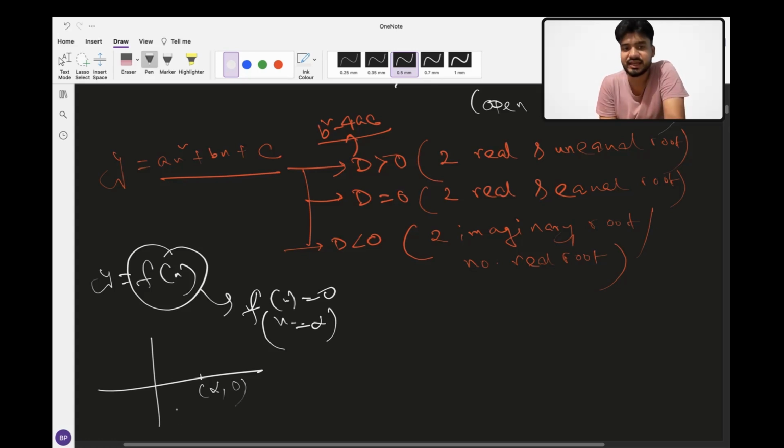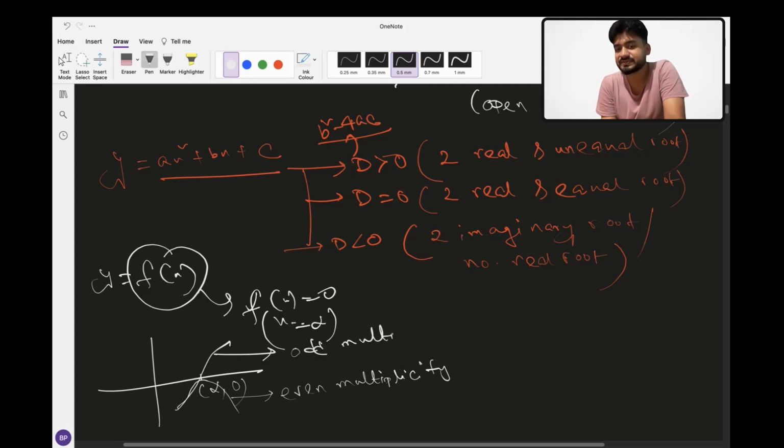Or we can say it will either touch or cut the x-axis at (alpha, 0). When will it touch and when will it cut? Can you tell me? Yes, when the root is of even multiplicity, it will touch. You have already studied this concept. And when the root is of odd multiplicity, it will cut.